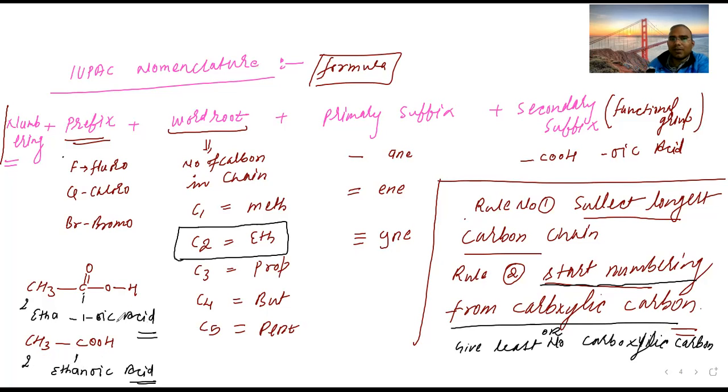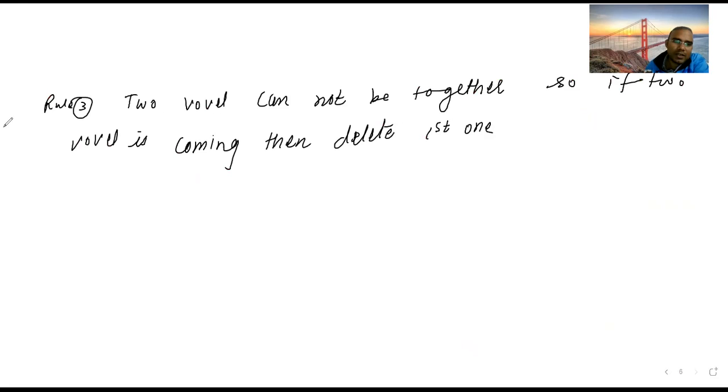Okay, let me write down some more problems. Here you see CH3, CH2, COOH, right? Noor, here we have the star and here the hash.